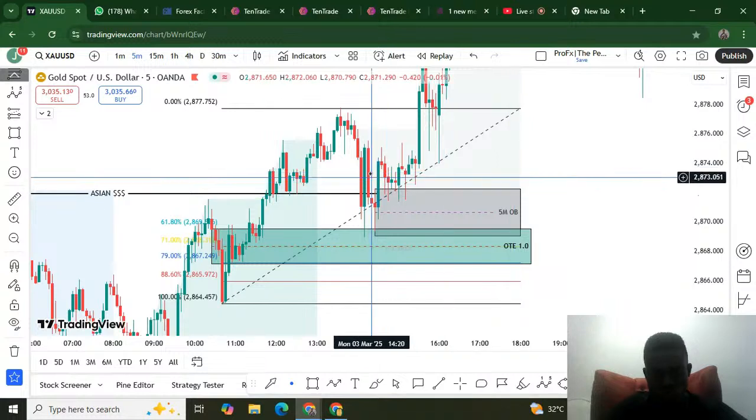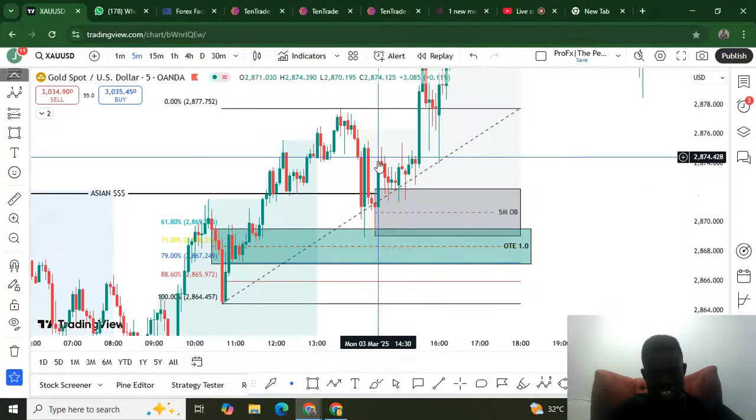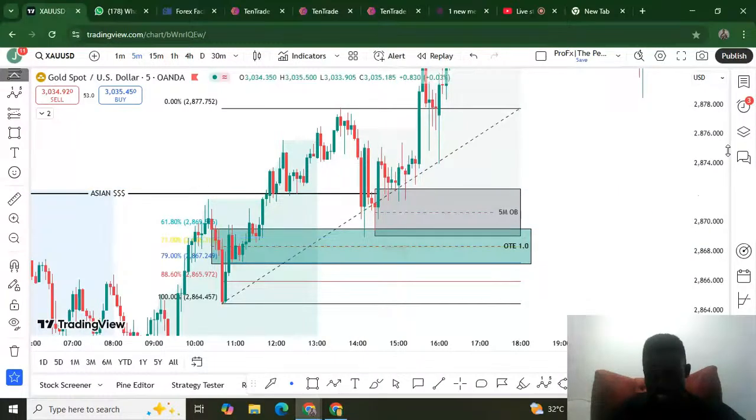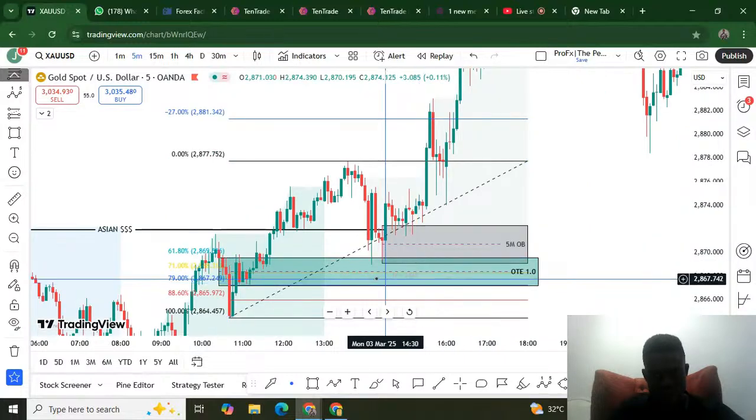If this is too much for you, then wait for the order block that created the aggressive buy, and you buy here, your stop loss below, target your extension for take profits. Look at it. We are bullish for the day.